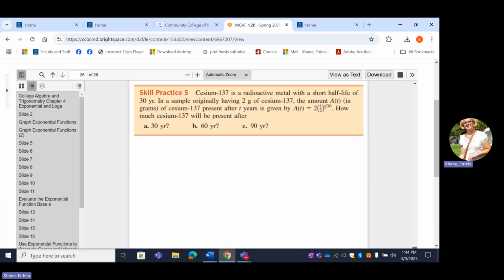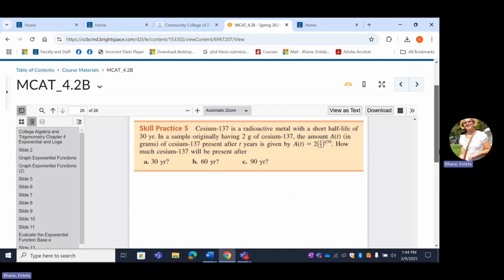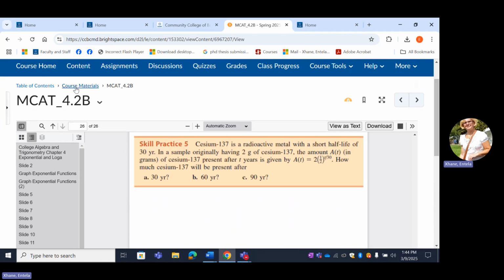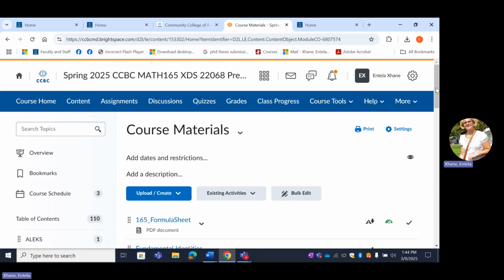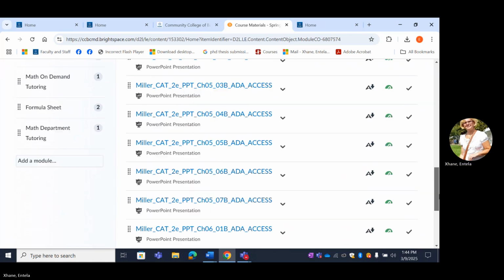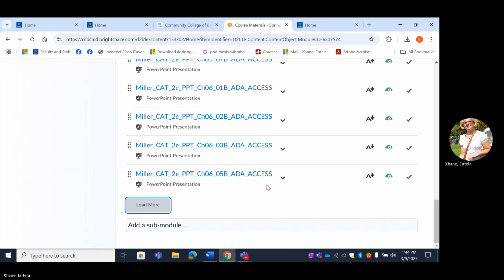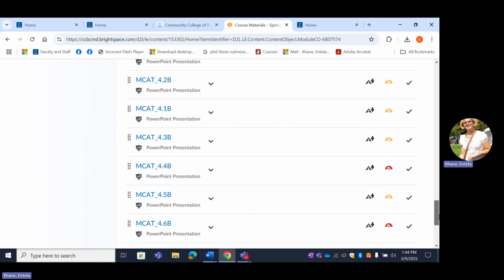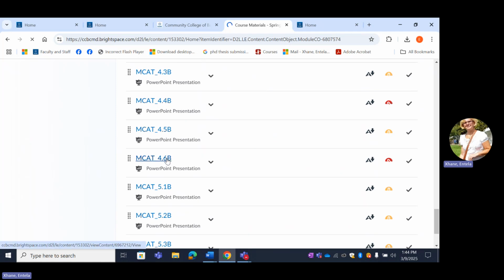Look at the examples provided in there just to have an idea how this is going to work. That's one reference. And the other reference, if I go to section 4.6 under the course materials again, I click on this model.